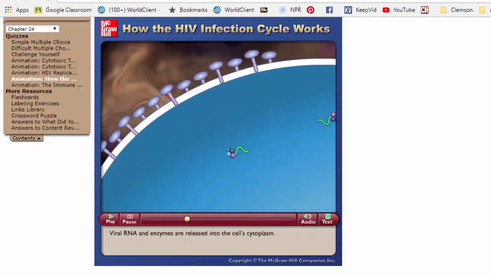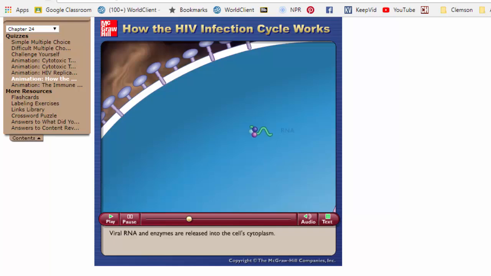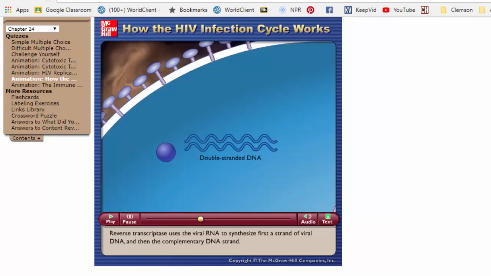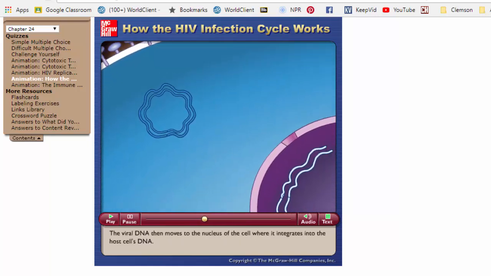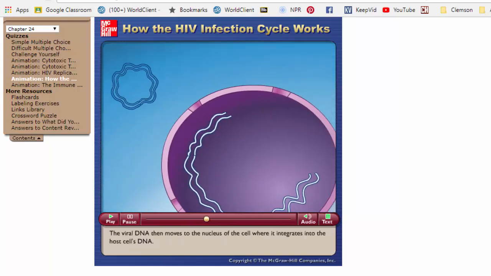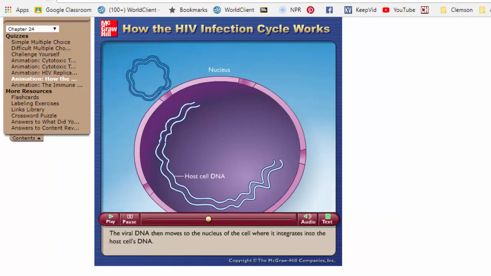Viral RNA and enzymes are released into the cell's cytoplasm. Reverse transcriptase uses the viral RNA to synthesize first a strand of viral DNA and then the complementary DNA strand. The viral DNA then moves to the nucleus of the cell, where it integrates into the host cell's DNA.